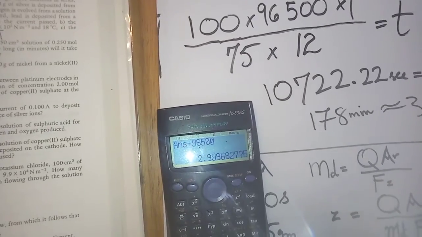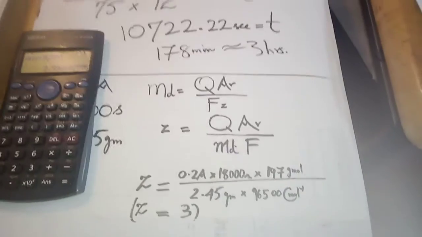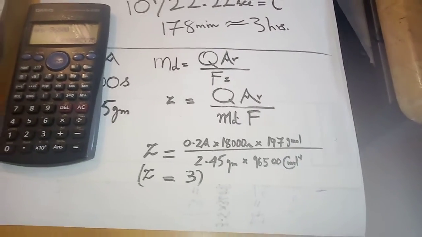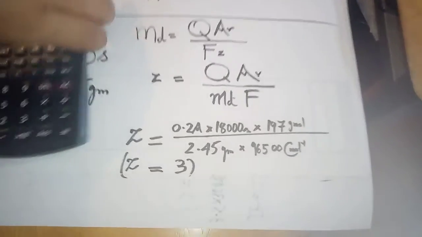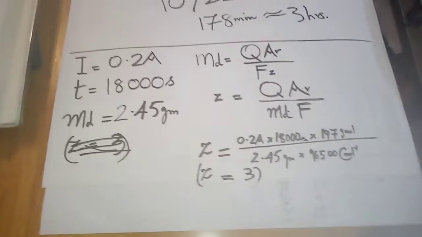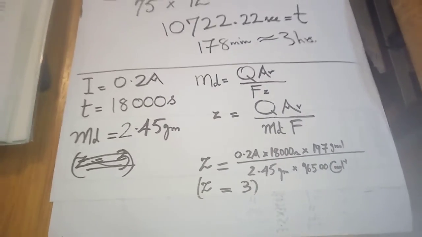Great, got it. So the oxidation number would be 3 for gold, which it always is. It's trivalent, but it's highly inactive and it's inert.